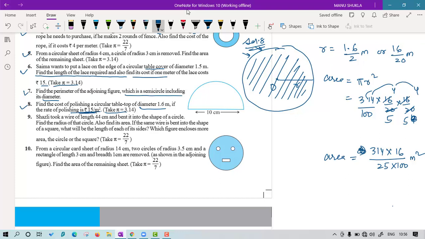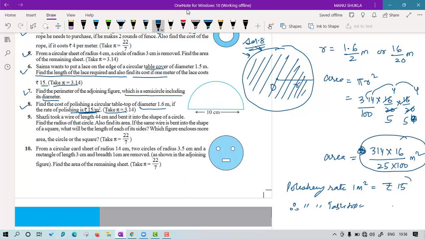So polishing rate of 1 meter square is how much? It is rupees 15. Therefore the polishing rate of this much area of tabletop will be given by this area into 15.